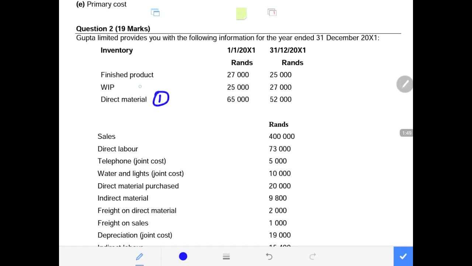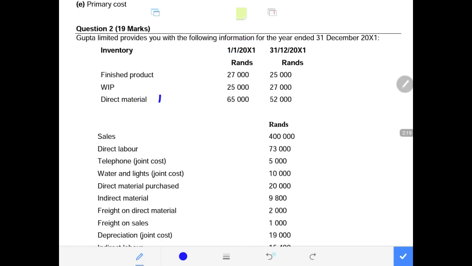We have inventory of work in process, number 2, and inventory of finished goods. Because we start by buying raw material, then we process that raw material into a finished product. So I start with inventory of raw material, then I come to the work in process, and after that inventory of finished goods. We are given, for all these types of inventory, the opening balance and the closing balance.